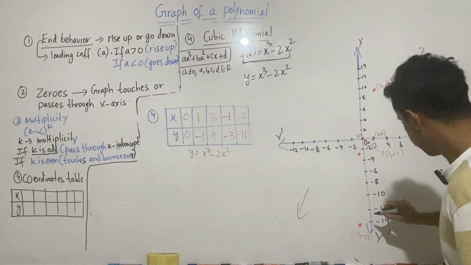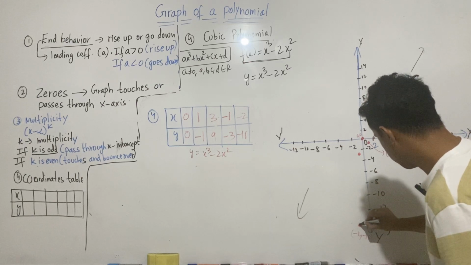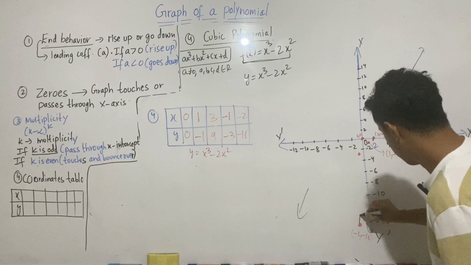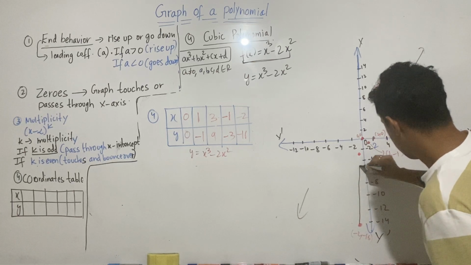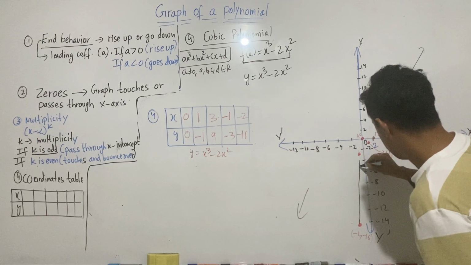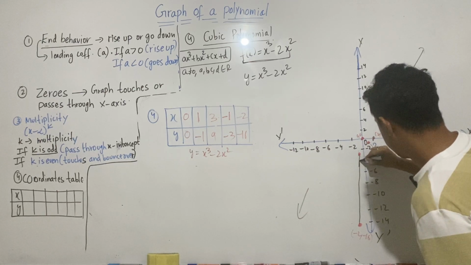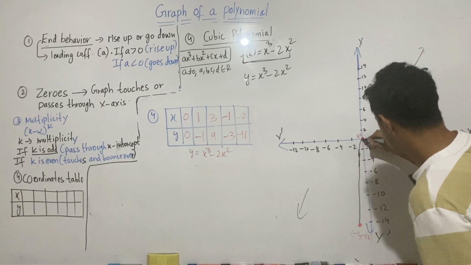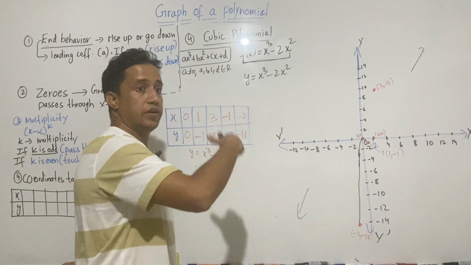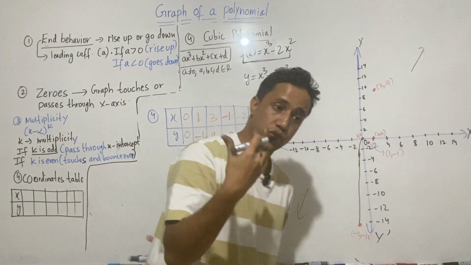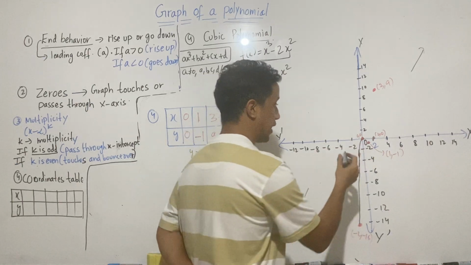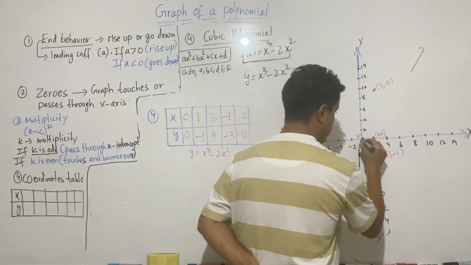So if I connect all these coordinates, at 0 the zeros of x were repeating, right? So that's why it will not pass through.